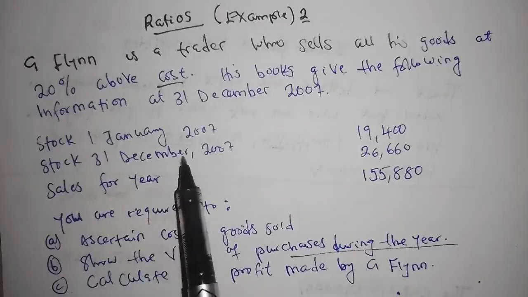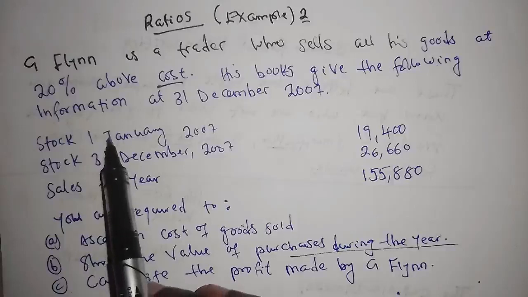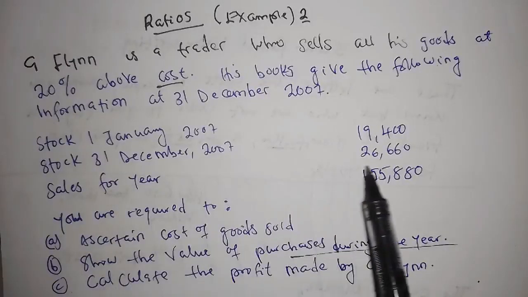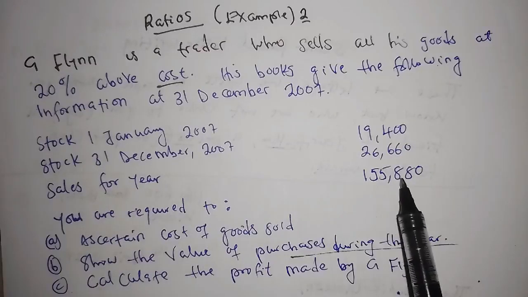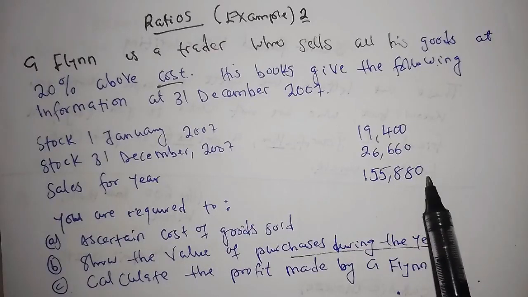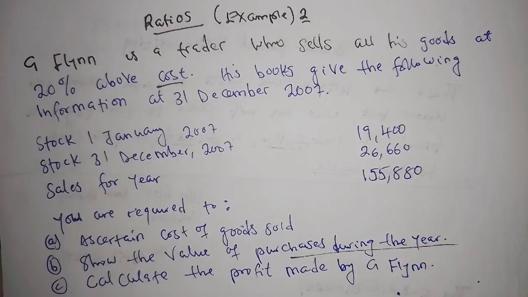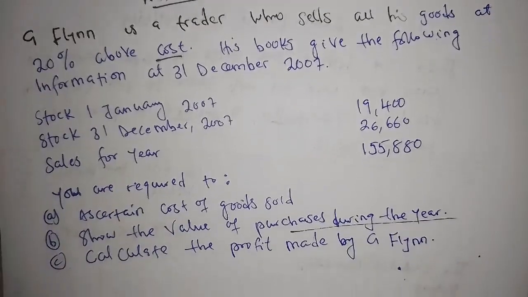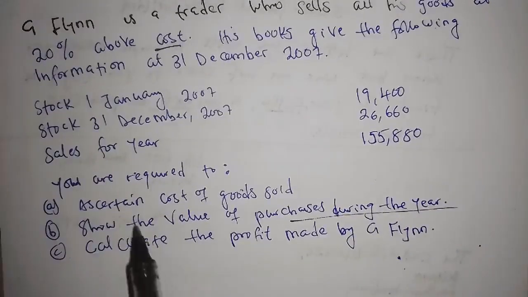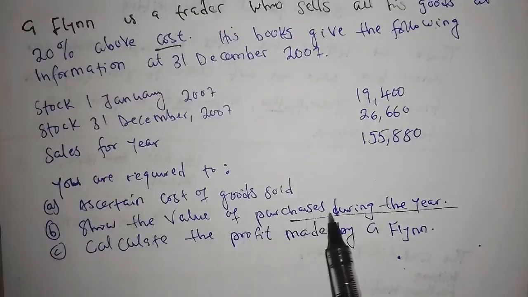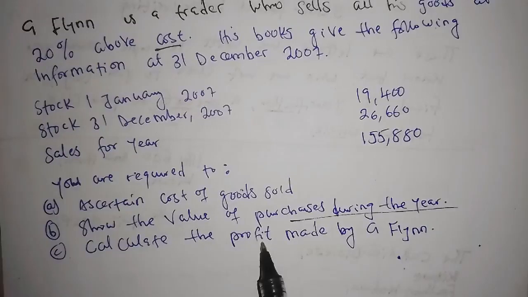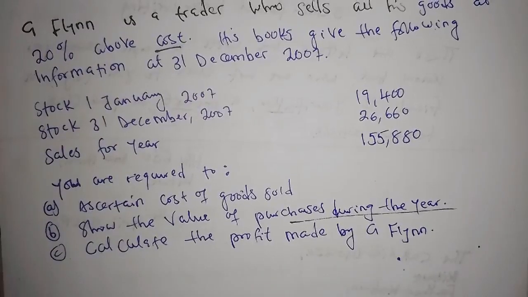Stock on 31 December, meaning closing stock, is 26,660, and sales of the year was 155,880. We are required to ascertain the cost of goods sold, show the value of purchases during the year, and also calculate the gross profit.